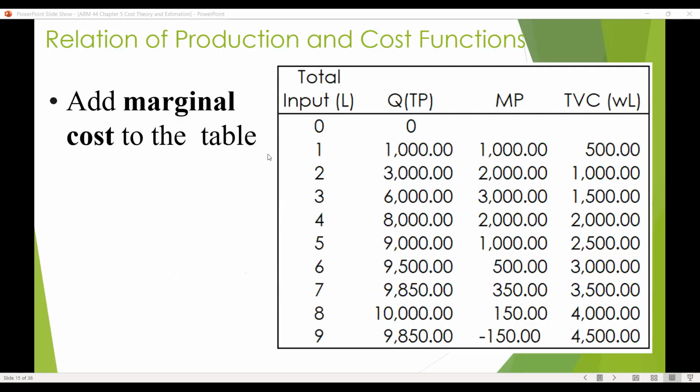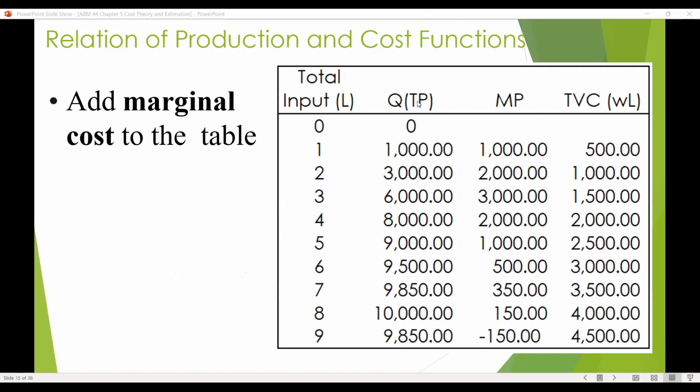We have an example here, so we can add marginal cost to the table. As you can see, we have input, which is L. The input used here is labor, while our quantity is the total production, the number produced, from 1,000 up to 9,850.